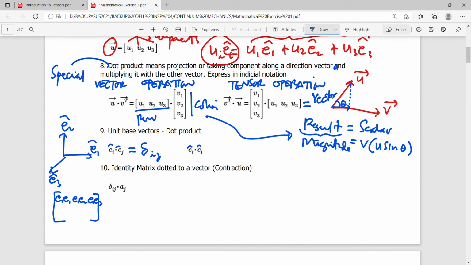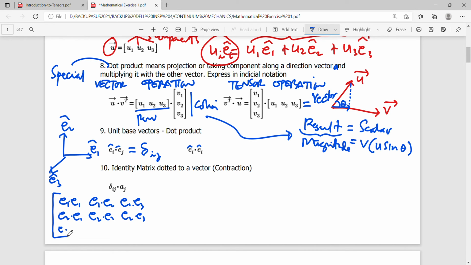Okay, so let's make it larger. Then you have E2 E1, E2 E2, and E2 E3.